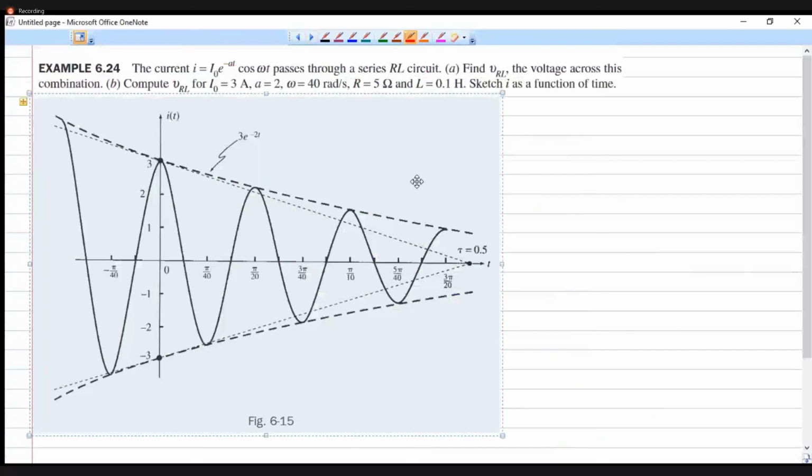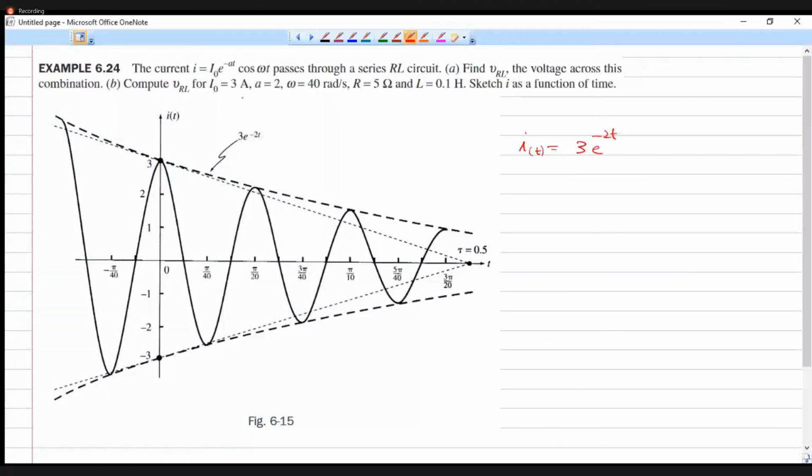So this is the sketch for I of t equal to 3 e power minus 2t. Once you substitute these values, the value of I of t is I naught e power minus At cos omega t, right?